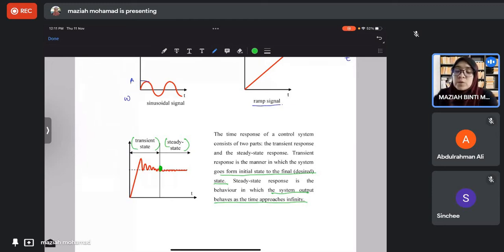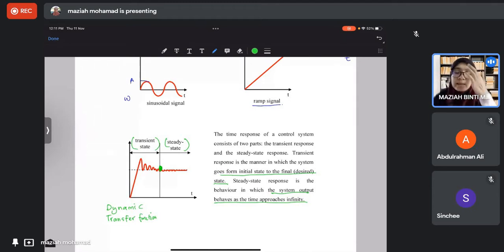Okay, so for the transient state, normally we have a dynamic transfer function. Later in the transfer function, you can also see there are two types of transfer function. The first one is the dynamic transfer function, which is used to represent the behavior in the transient state.